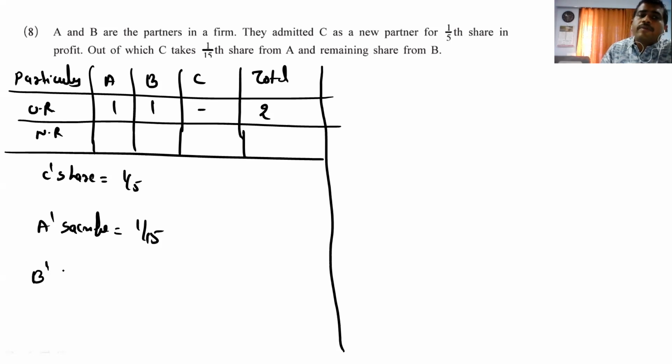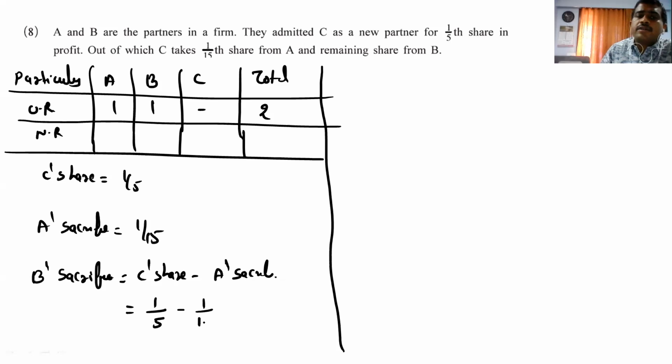So how to do? B sacrifice is equal to C share minus A sacrifice. That is 1 by 5 minus A sacrifice, which comes to 1 by 15.